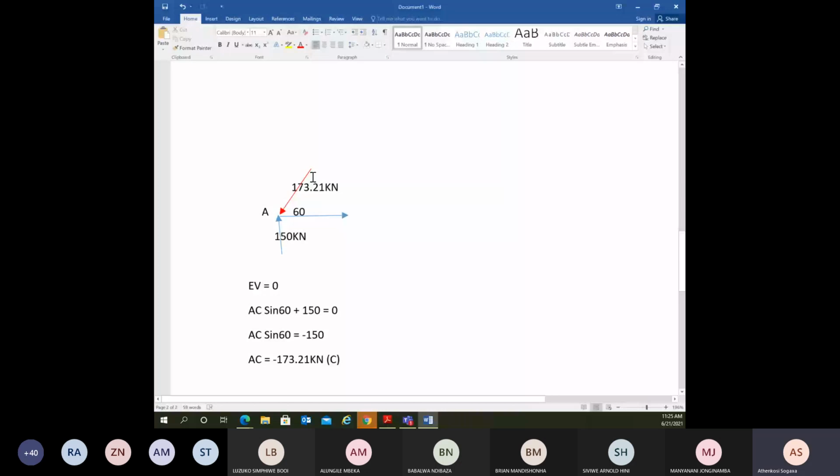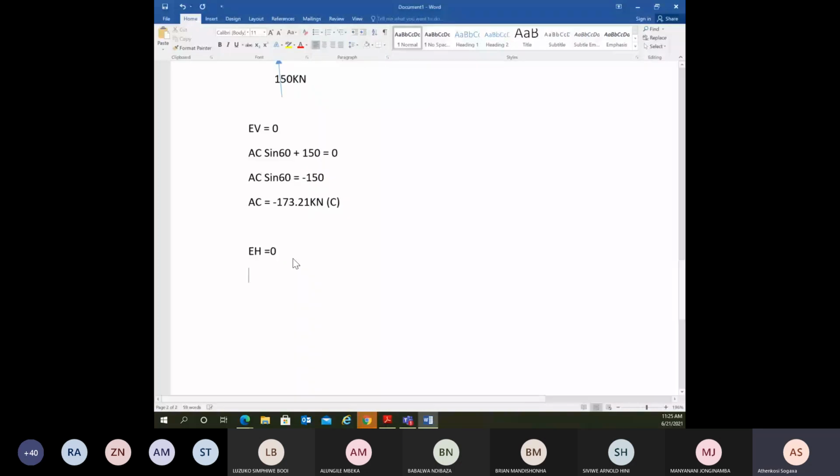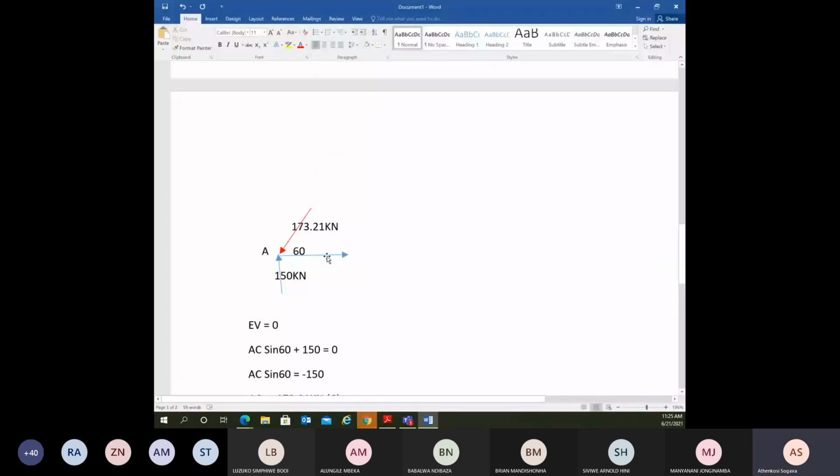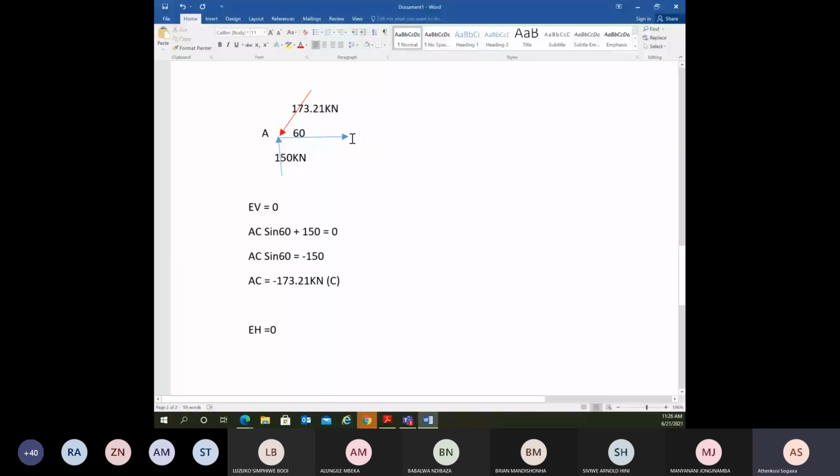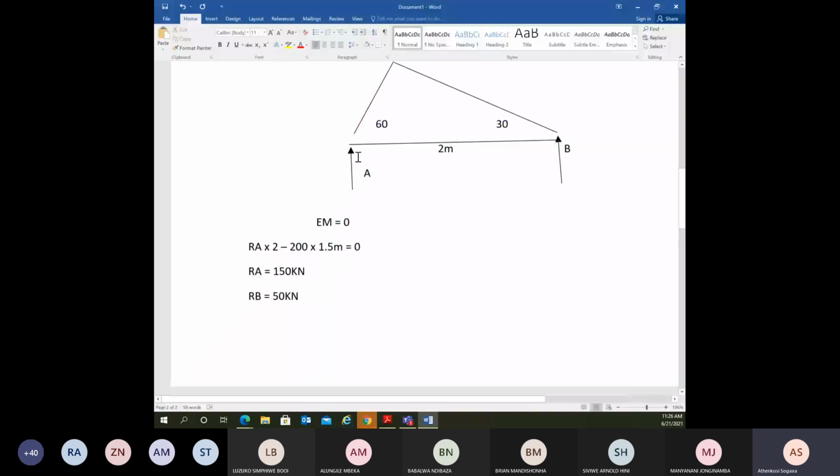Now when I'm determining this one, I know this straight member is AB. Therefore I will say AB, because I've assumed that they are all in tension.